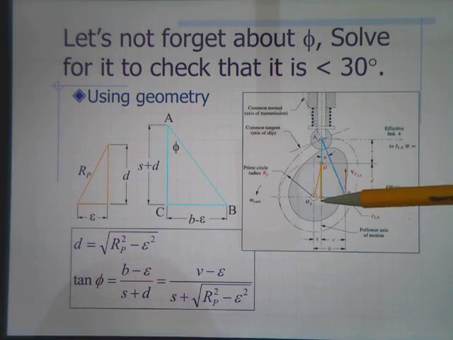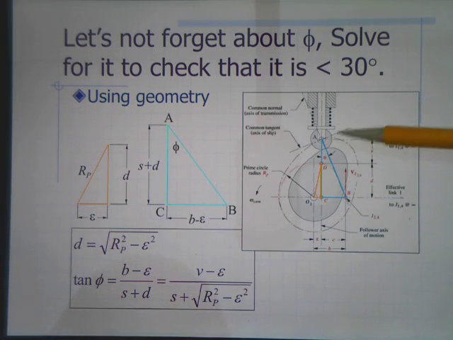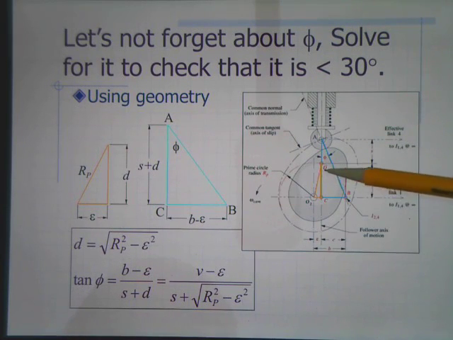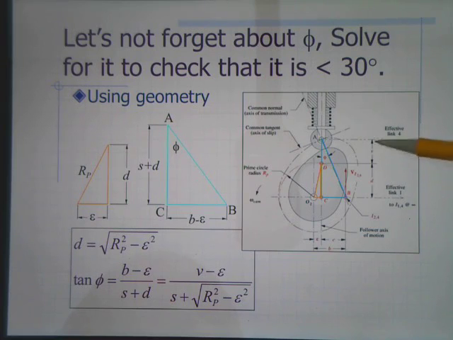So what is this total distance here? This total distance is going to be equal to S plus D. The smallest it could get would be D if the cam was rotated back around, but it may be a little bit of extra distance. So here's our position, and this is as far down as that follower could ever go, which we're calling a variable D. So what is that D? That D could be represented as the square root of RP squared minus E squared, right?